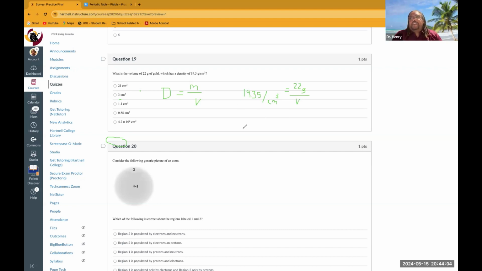So we multiply both sides by volume, and then we divide both sides by the density. So you'll get 22 grams divided by the density, which is 19.3 grams per cubic centimeter. And so that's just going to give us cubic centimeters.